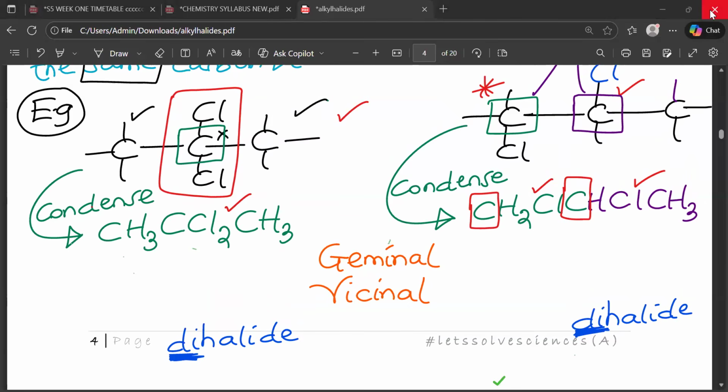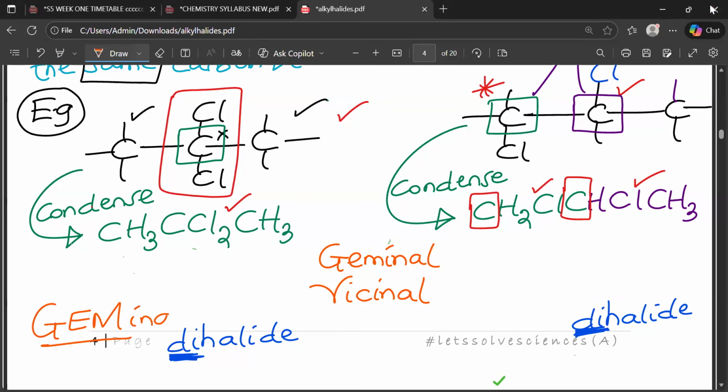Yes. Two identical groups attached on the same carbon, and it came from the Latin word Gemini. I think we have understood that. So the first one is the geminal dihalide.